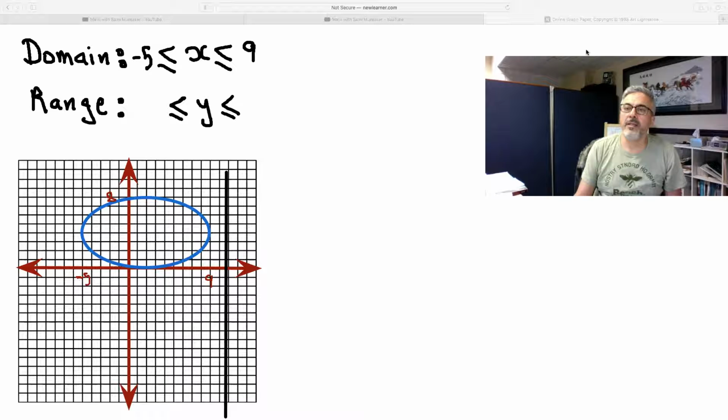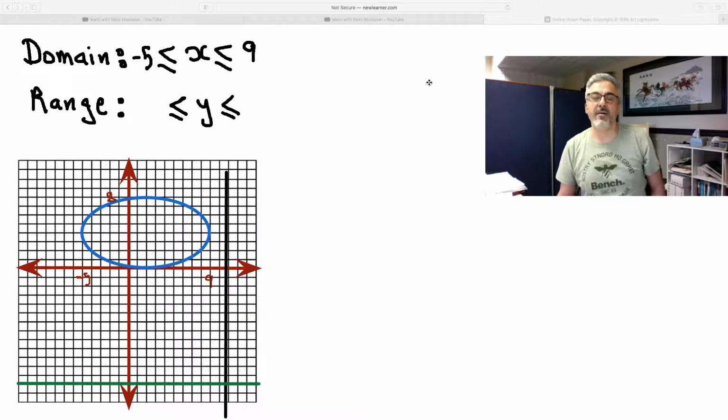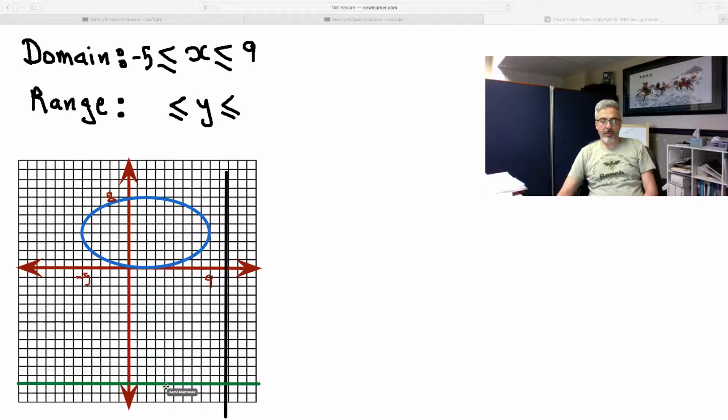Now, let's take the range. I'm going to use a different color scanner for the range. What I do, I scan vertically. So I go from the bottom up. If I take this scanner right here and I start moving up, this scanner beeps only when I touch the graph.